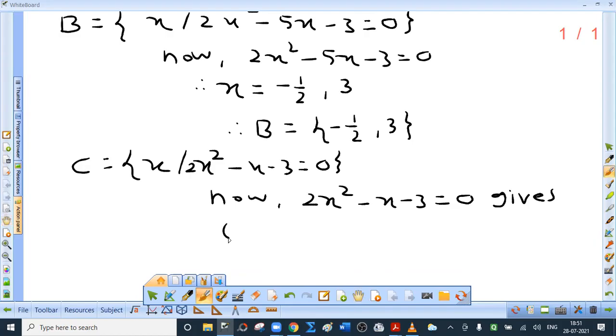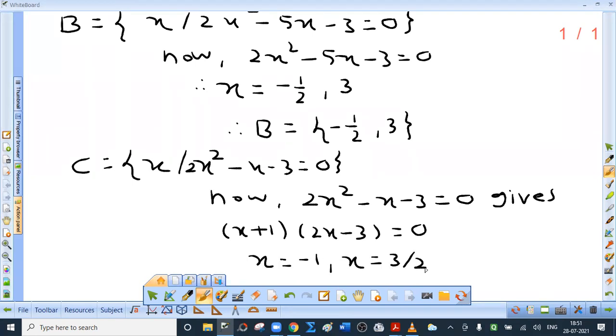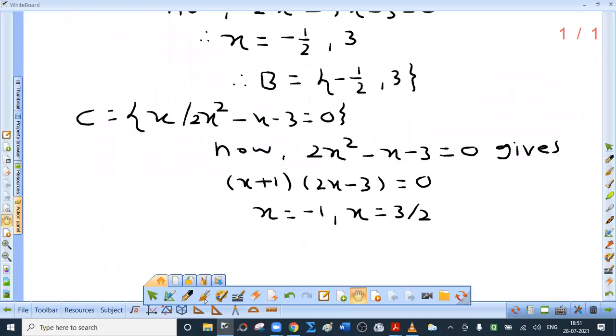So I'll write factors if you want. Factors will be x plus 1, 2x minus 3. Is it? Just check this. I have written directly, but these are correct factors. So x equal to minus 1, x equal to 3 by 2. So what is set C? Minus 1, 3 by 2.